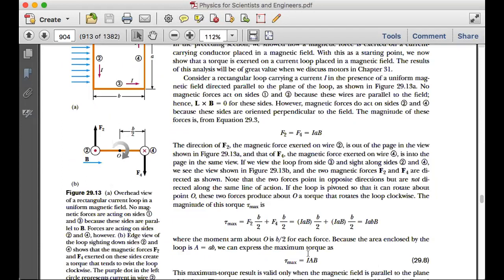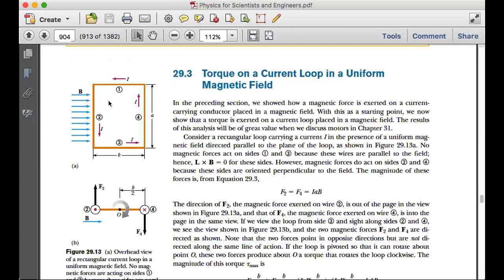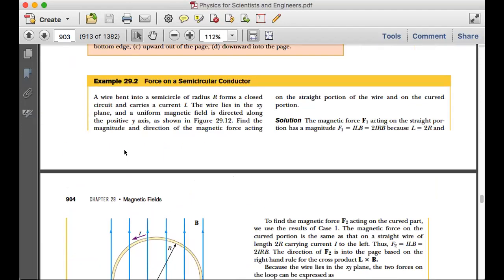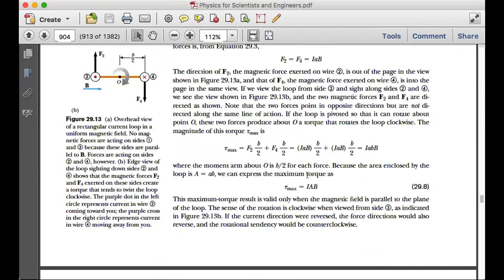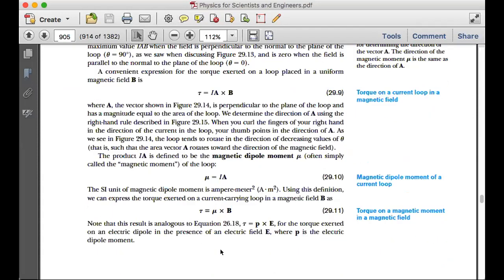So in general, IA, A is the area of this rectangle. We could replace it by the area of this semicircle wire, in general. So this defines the magnetic moment mu. This A vector means that we have A times the unit normal vector. So we get the torque.